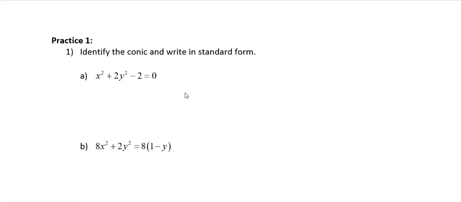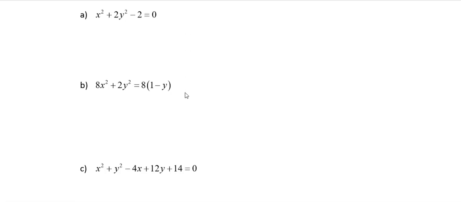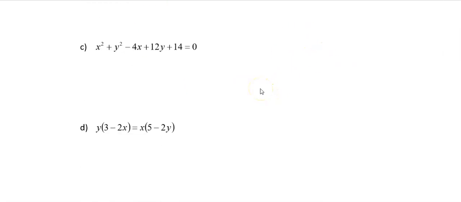Practice questions on page 36. Okay, identify the conic and write it in standard form. Okay, I'll leave those for you to try. B, multiply that out, everybody. Multiply that out. Throw everything over on the left and see what happens. Part C is already in general form. That one looks okay.